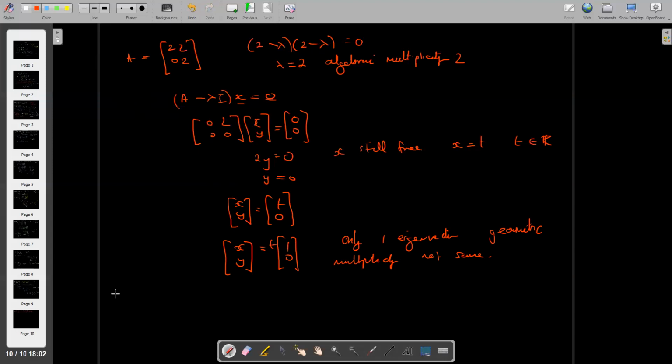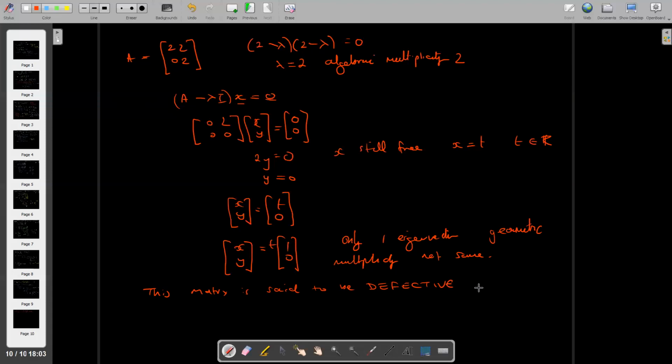Okay, so there's only one eigenvector, so we can't span the space, if you like. This matrix is said to be defective. It's a defective matrix.